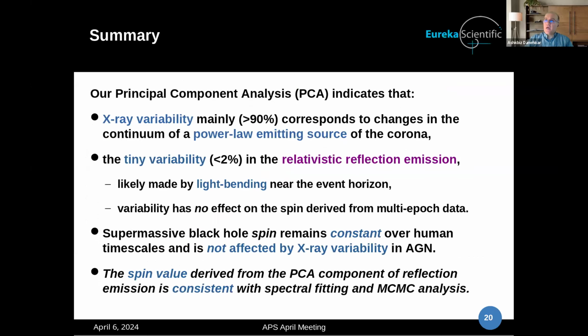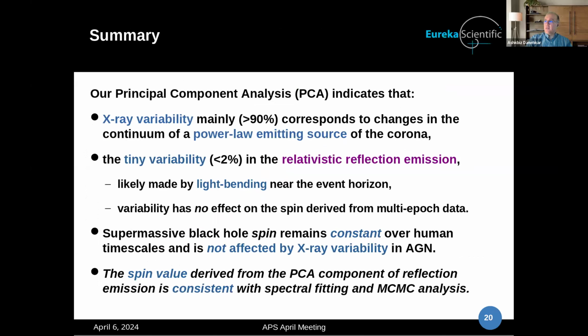In summary, principal component analysis implies that the X-ray variability is mainly related to changes in the continuum of the power law emission source, and tiny variability in the relative reflection emission is likely caused by light bending near the event horizon, and this variability has no effect on the spin value.